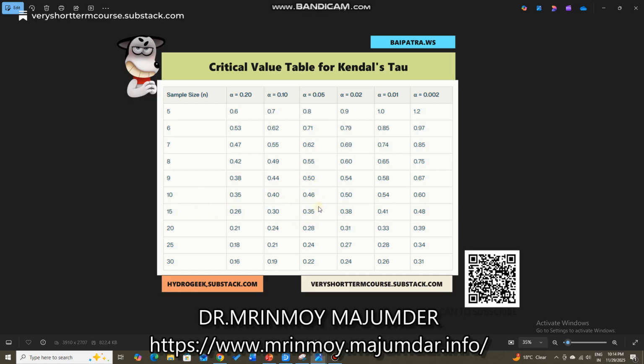You just interpolate it to find the value for 12. For 10 sample size, we have 0.46 as the value. So what will the value be if we have a sample size 12? Just use the unitary method, or you can use the interpolation method.